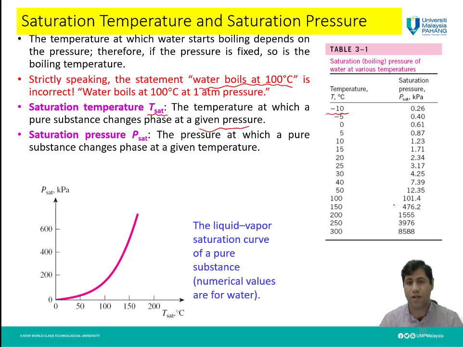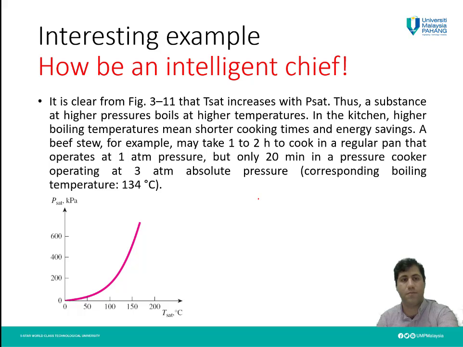And when the saturation pressure on that water is 8,588 kilopascal, the boiling temperature will be 300 degrees Celsius. This is important for designing interesting equipment like the pressure cooker.